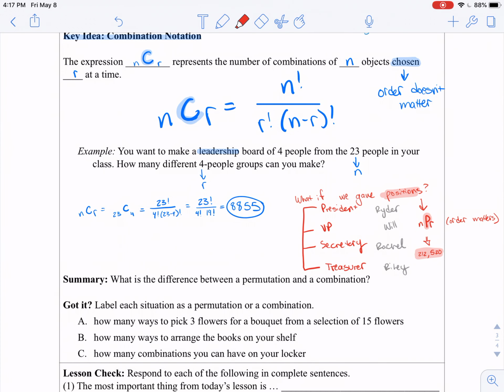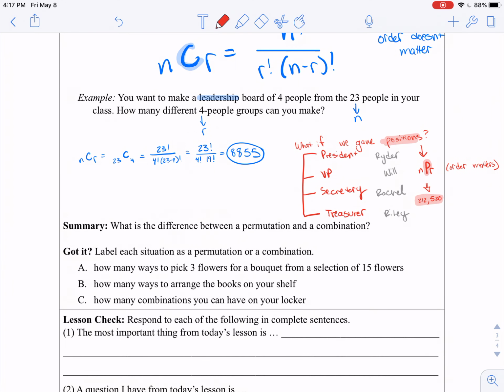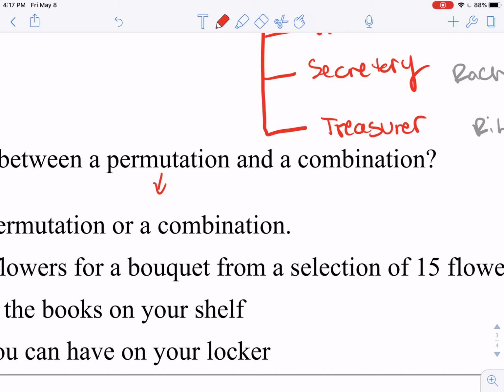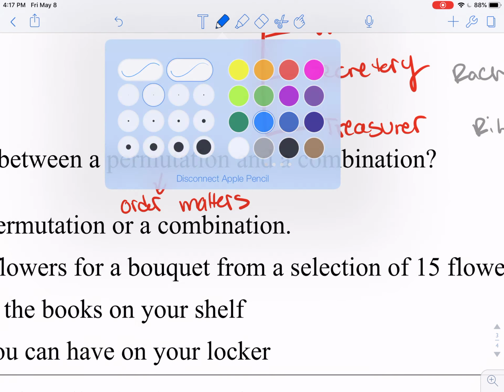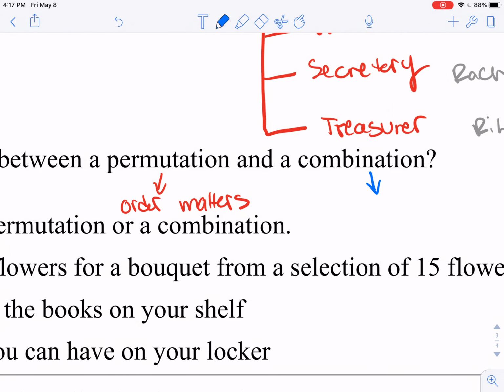Cool. Alrighty. So the difference between a permutation and a combination is that in a permutation, order matters, and in a combination, order doesn't matter.